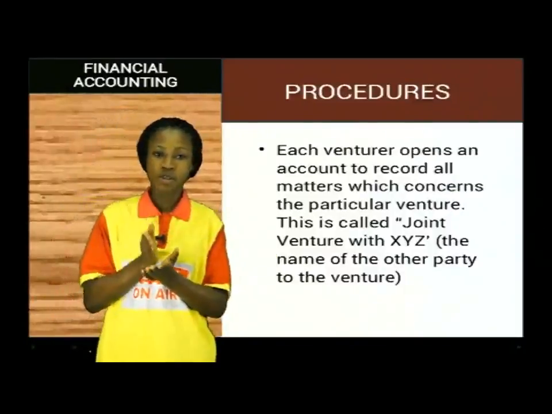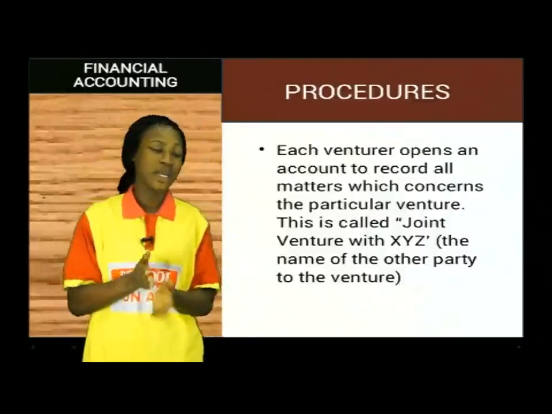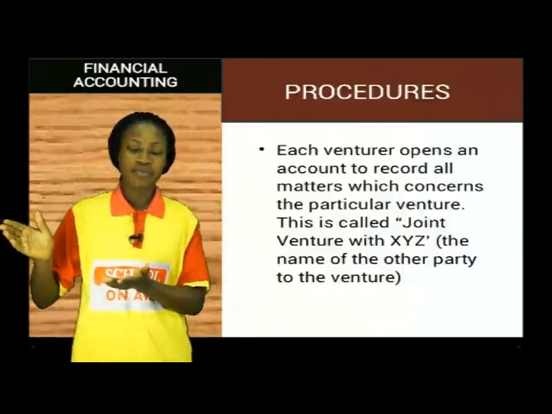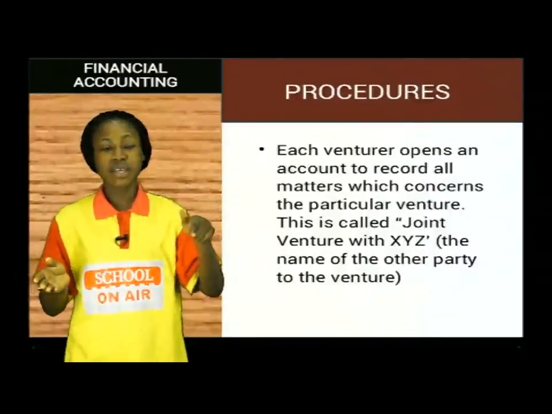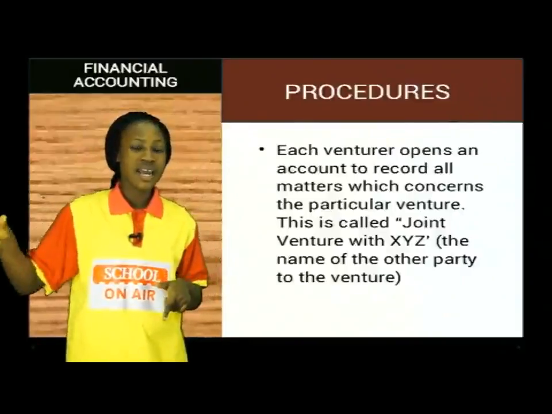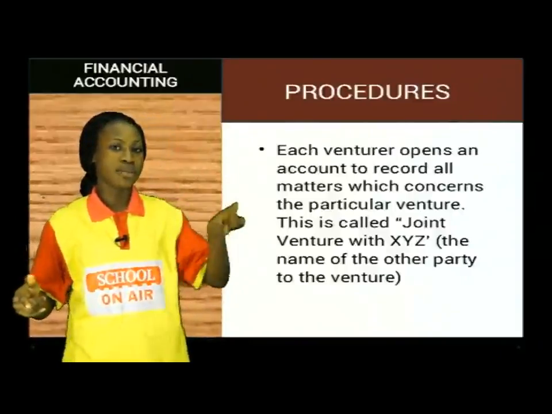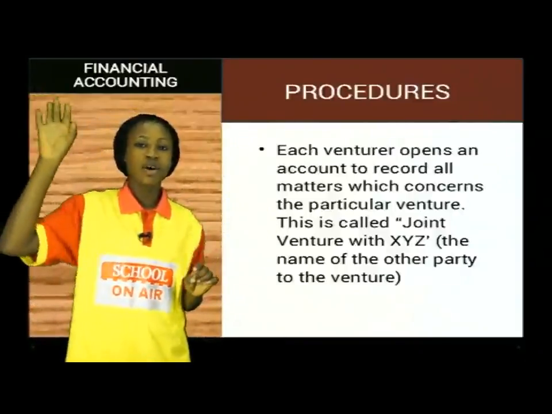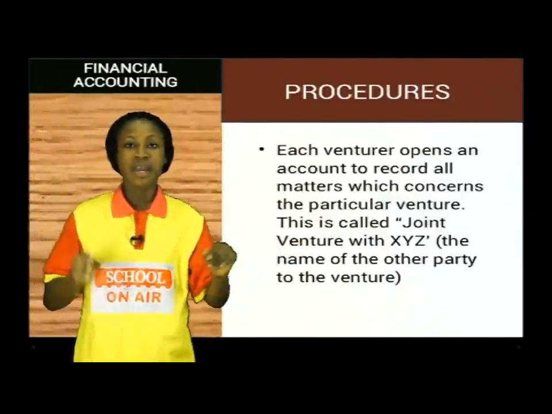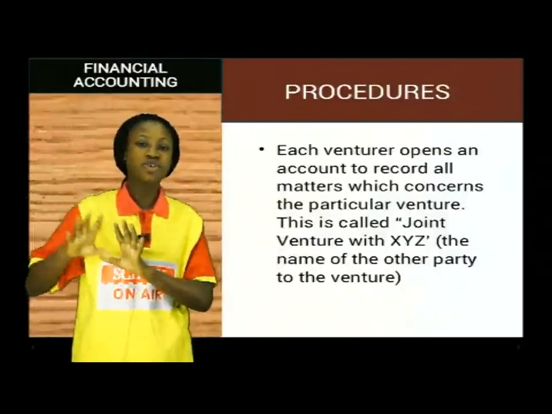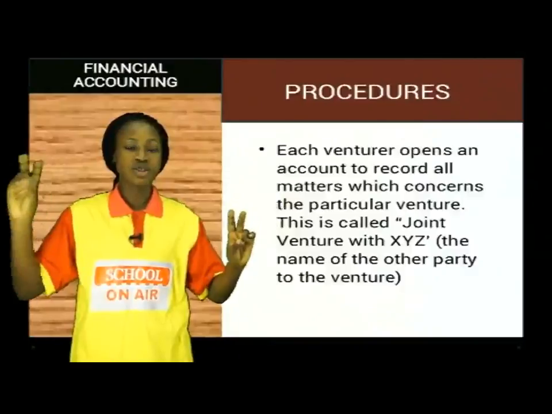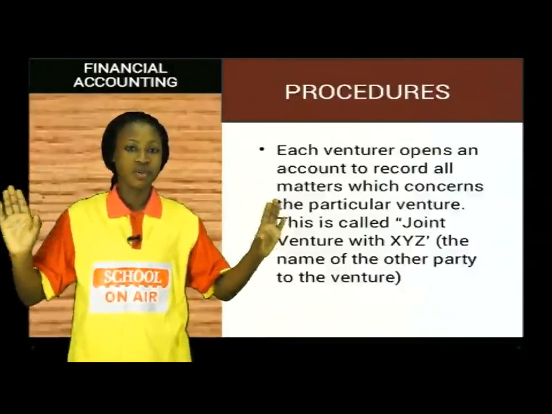Like I said, we have two people, we have two parties, Mr. A and B, and this will be joint venture with Mr. A. That is, in the book of Mr. B, we are going to have joint venture with Mr. A. And in the book of Mr. A, we are going to have a joint venture with Mr. B. It means Mr. A is opening his book, showing his joint venture with Mr. B, while Mr. B is opening his account, showing his joint venture with Mr. A. So, the venturers, two of them, are preparing individual accounts.